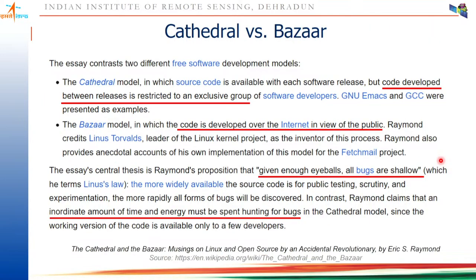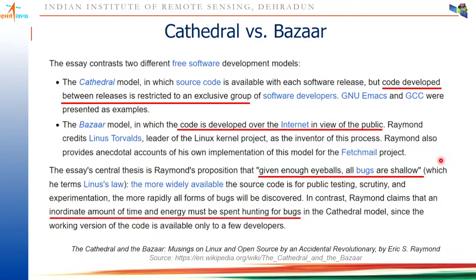This is a very interesting essay written by Eric Raymond called The Cathedral and the Bazaar: Musings on Linux and Open Source by an Accidental Revolutionary. Although the essay is pretty long, here is an extract from Wikipedia which tells about the contrast between two software development models.